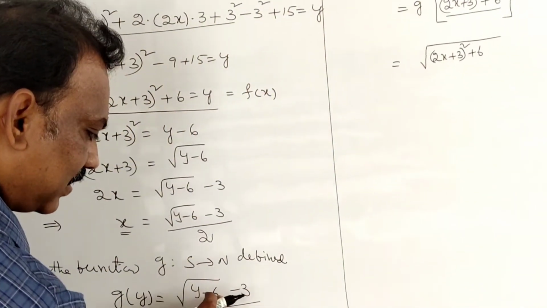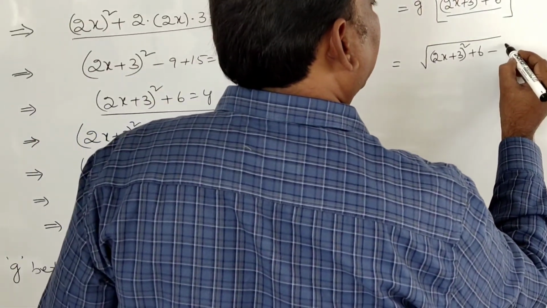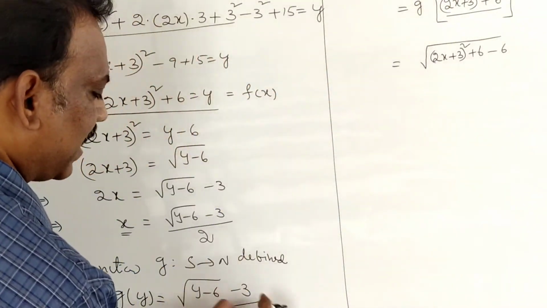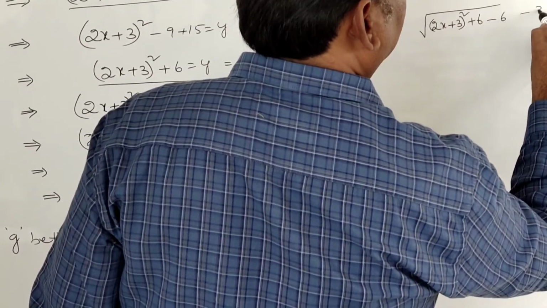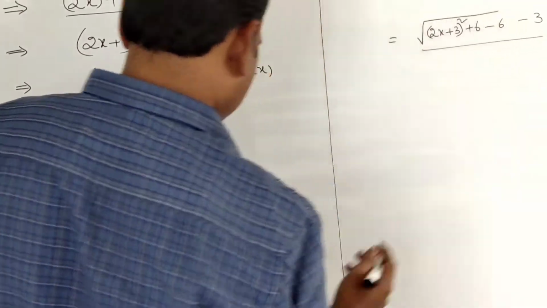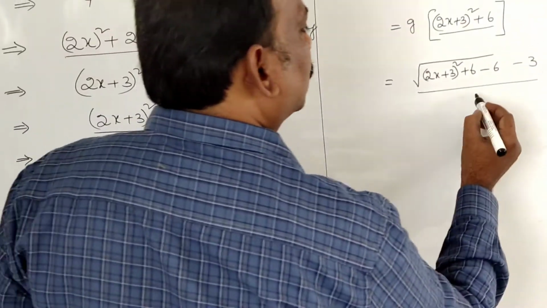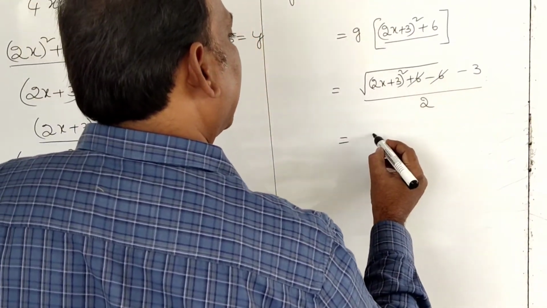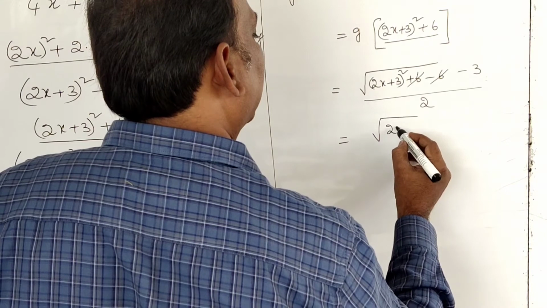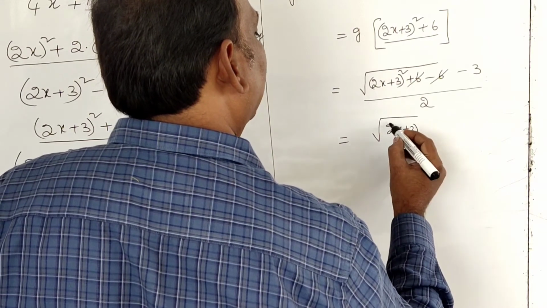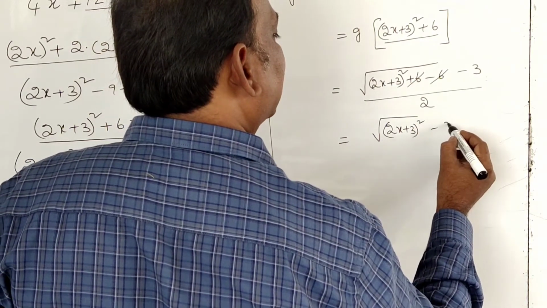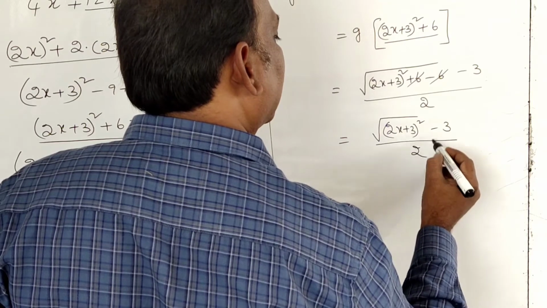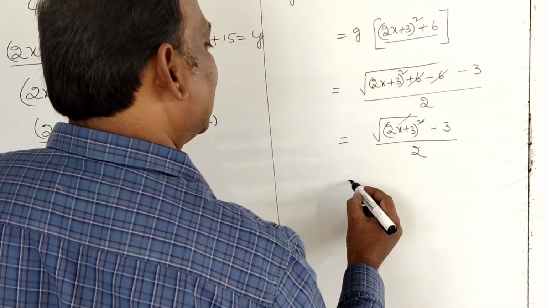After that we have minus 6, after that minus 3, it is not in the root, be careful, upon 2. Now I can cancel 6 and 6. Next we have 2x plus 3 the whole square, minus 3 is outside the root, the square and root get cancelled.